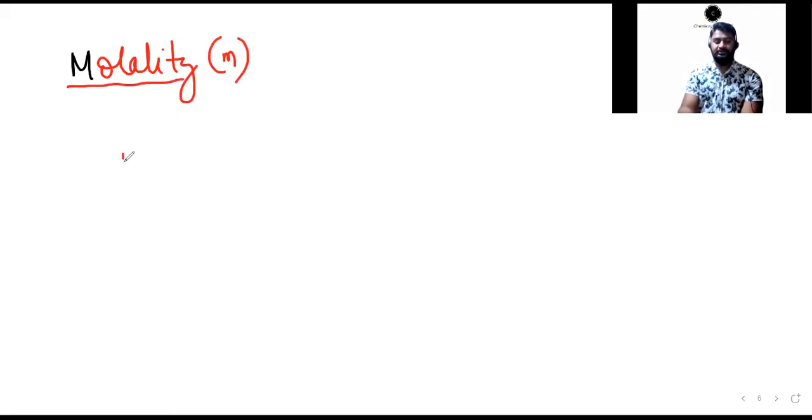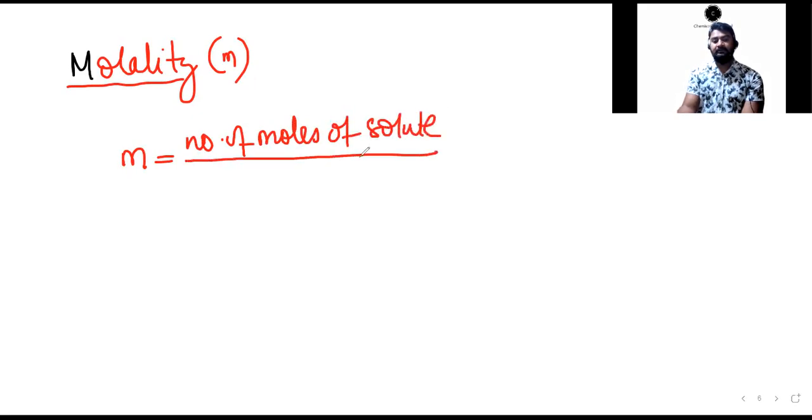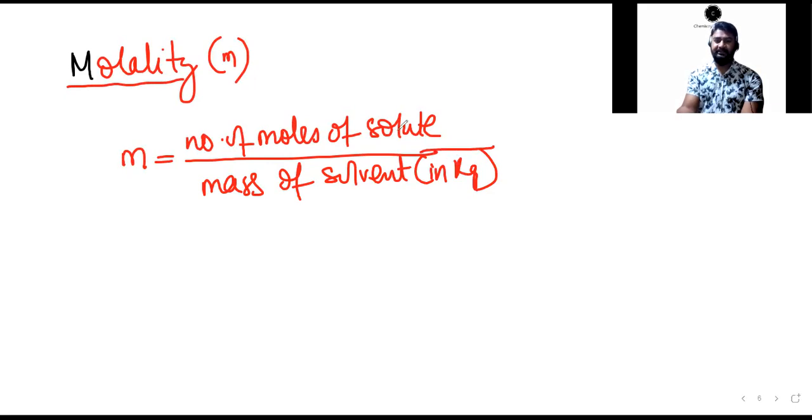As per the definition, molality is nothing but the number of moles of solute by mass of solvent in kg. It should be in kilograms. That's an important criterion.